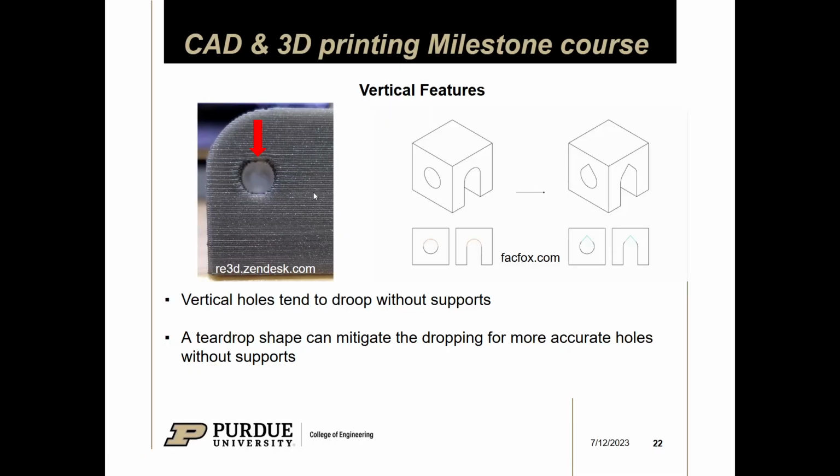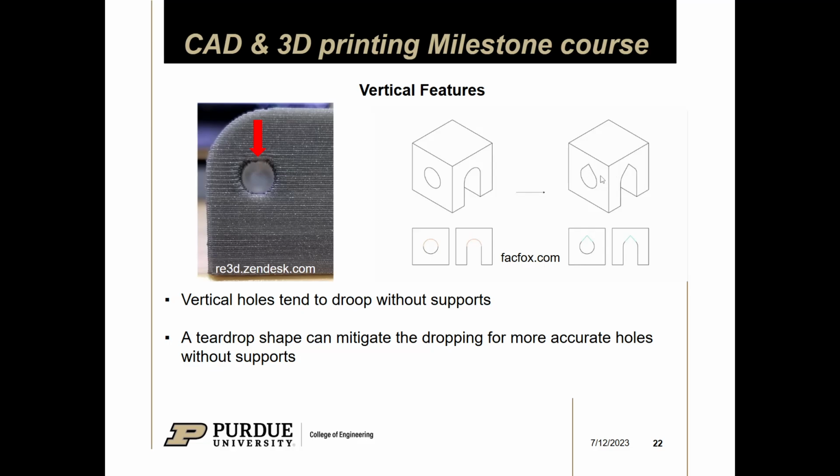Sometimes when you're printing a really small hole, your printer has enough cooling and it's small enough that it doesn't matter that much. But when you start printing larger and larger holes, sometimes it can start to droop, right? Part of it is if you have a good printer with good cooling, but part of it is the model. So one way people avoid this drooping is by changing it from a normal round hole to a more teardrop shape.